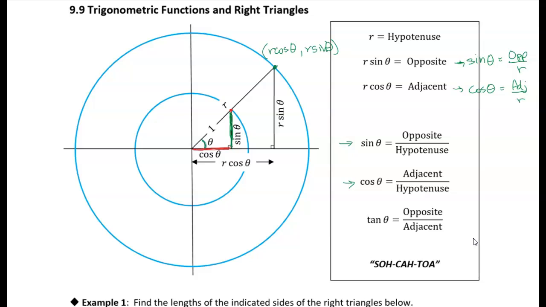Cosine is adjacent over hypotenuse, so that's the CAH, and then the TOA comes from tangent is opposite over adjacent. So that's a little mnemonic to help you remember sine, cosine, and tangent in terms of the legs of a right triangle. This is for a right triangle. So that's what we're going to use today. We're going to use SOHCAHTOA, these right triangle definitions, to help us solve some problems.